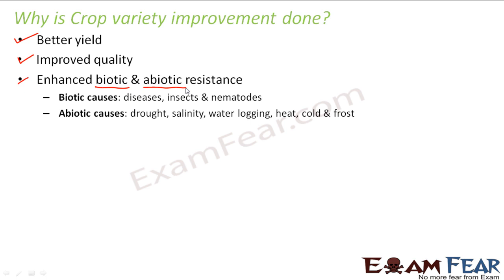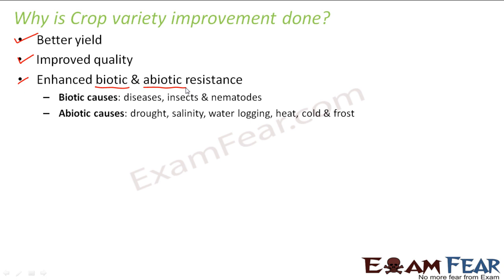So biotic causes include living causes like diseases caused by microorganisms, insects and nematodes. These are all living organisms, whether microorganisms like bacteria, fungi, viruses, or some insect, or nematodes. Nematodes are also small insect-like organisms.